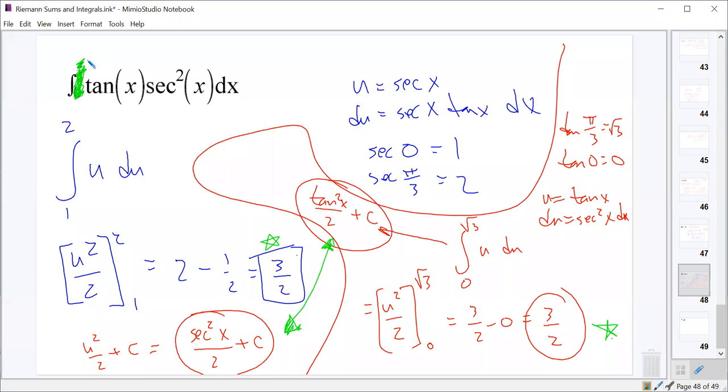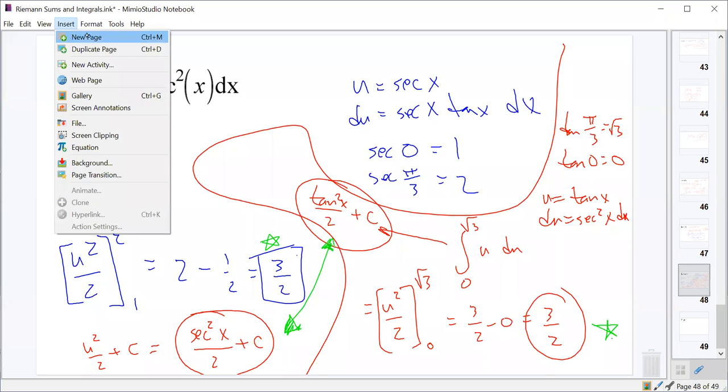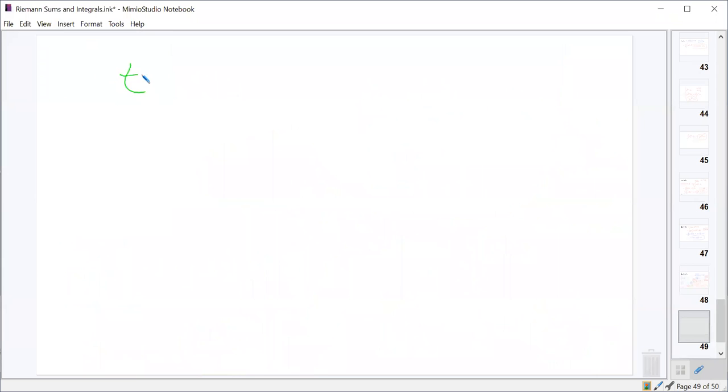Well, maybe the C part is different depending on which route you take. Exactly. So tangent squared x over 2 plus a constant. What's tangent squared equal to? Tangent squared is the same as 1 plus, sorry, that's not right. 1 plus tangent squared is secant squared.